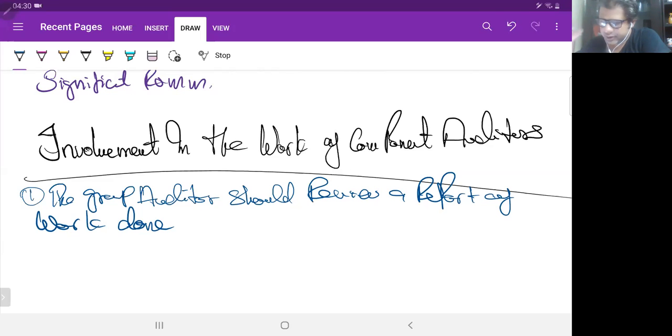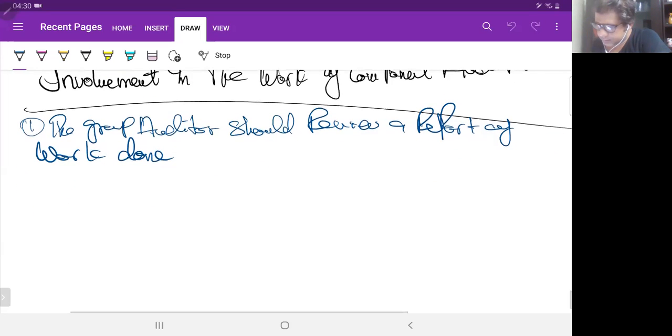Right, such matters will be discussed with the component auditor, the component management, or the group management as appropriate.